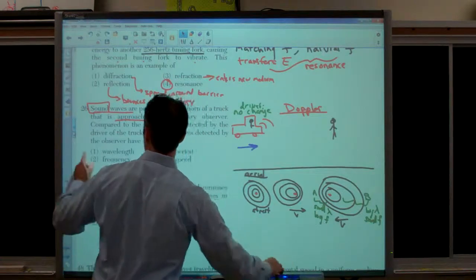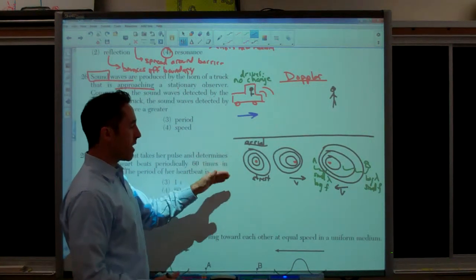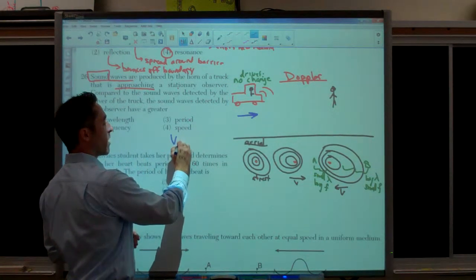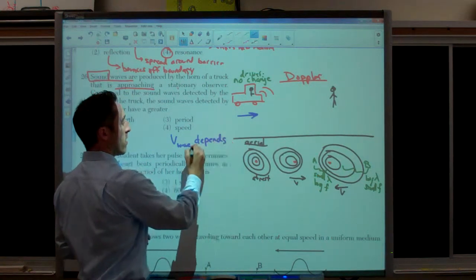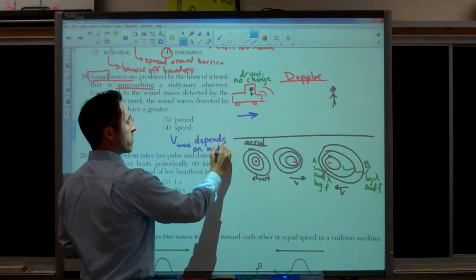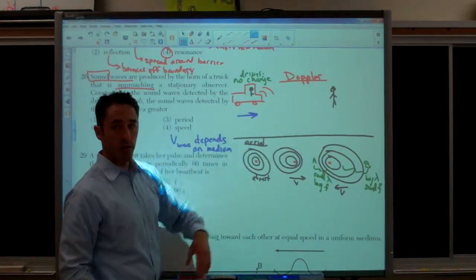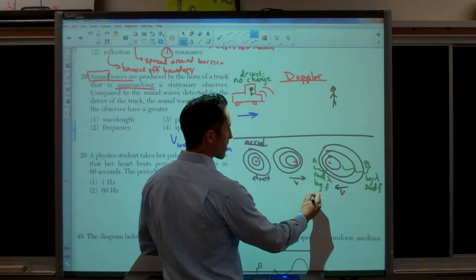Of course, this is all premised on the fact that the speed of a wave depends on the medium. A lot of stuff to talk about here. So the speed of a wave depends on the medium. The medium here is air, if it's the sound of the horn traveling through it. So the speed is exactly the same.